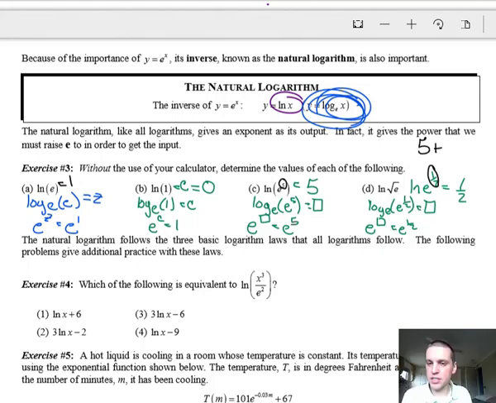The additive inverse of 5 is -5. You're left with 0. The multiplicative inverse of 5 is 1/5. You're left with 1. Same idea here: the ln and the e are inverses of each other, and you're left with the exponent. So ln of e is 1 because the exponent is 1. ln of 1 will always be 0. ln of e to the 5th, you're left with the exponent.